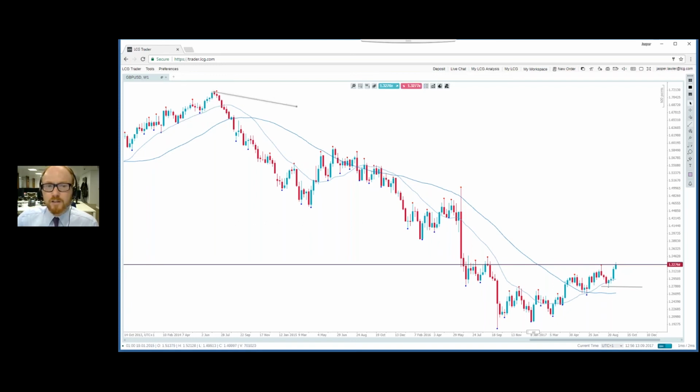Now, one thing I turned off, you may have noticed just before, is that in the LCG Trader, it's really quite a nice feature. You get to see it by eye after a while, but you can show the angle. So here you can see that obviously a perfectly flat line has an angle of 0 degrees, and a perfectly vertical line has an angle of 90 degrees.